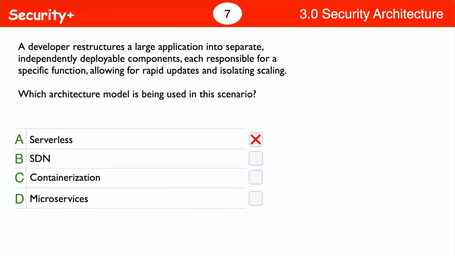Next, we can eliminate B, SDN, which stands for software-defined networking. And SDN is related to virtualizing and centralizing network control, not structuring things like applications. And finally, we can eliminate C, containerization.